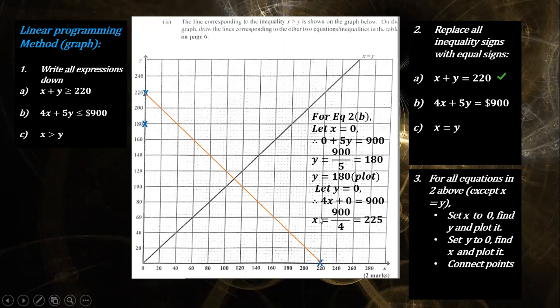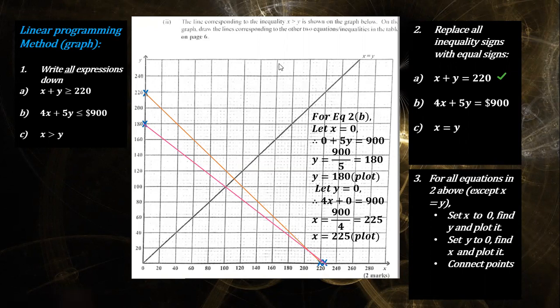Hence, by change of subject, make x the subject of this formula. So x will be equal to 900 over 4, which is 225. x is equal to 225. So we're going to come on this x-axis and plot it. And draw the connecting line as well.